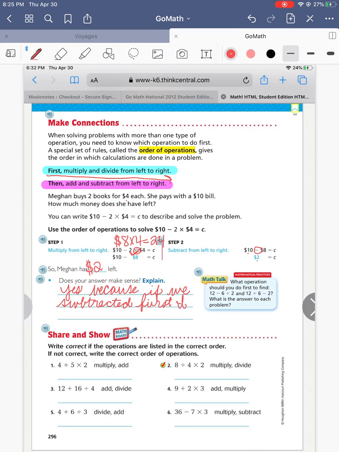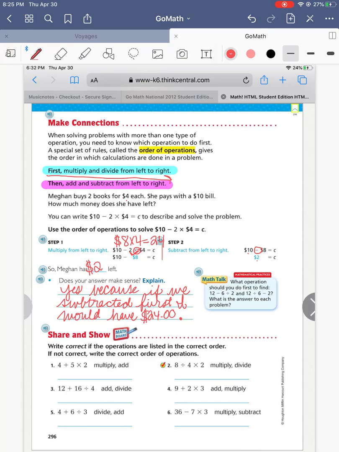Right? So that is why we have to do the order of operations, because there's no way we could have started with $10 and then bought stuff with the $10 and ended up with more than double what we started with. Okay?